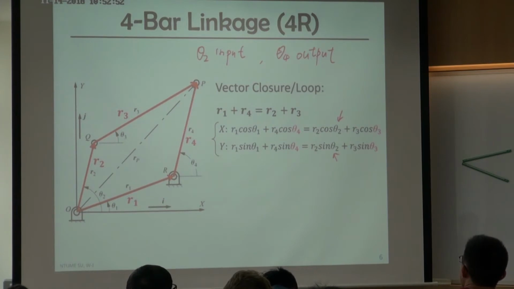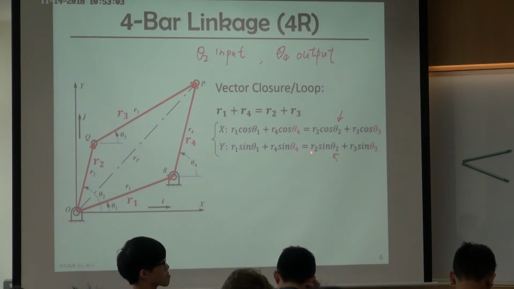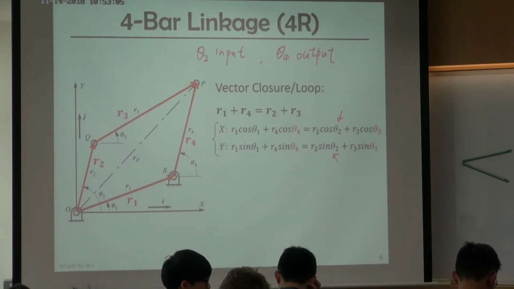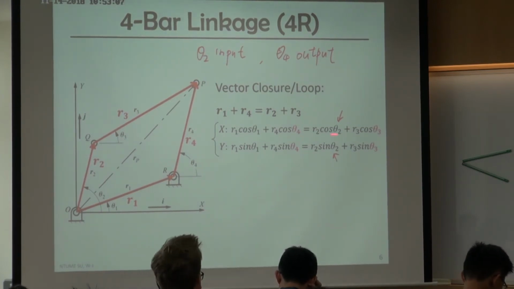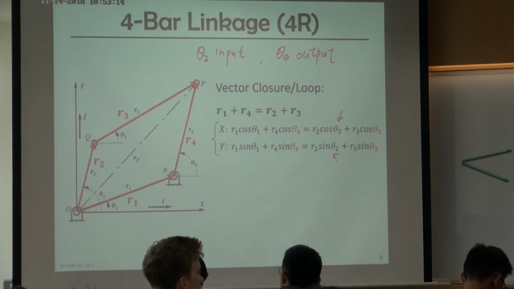It's quite time consuming to derive the analytical solution here, but if you are interested, you can refer to the textbook. I'm not going to do it. The main purpose of drawing this vector loop is to make sure you have these two equations.